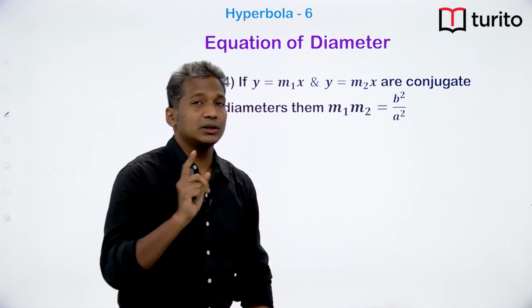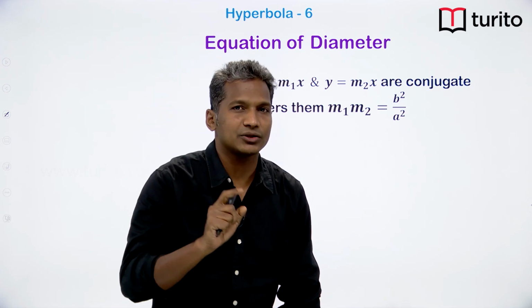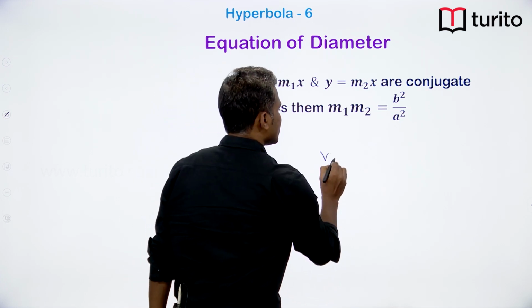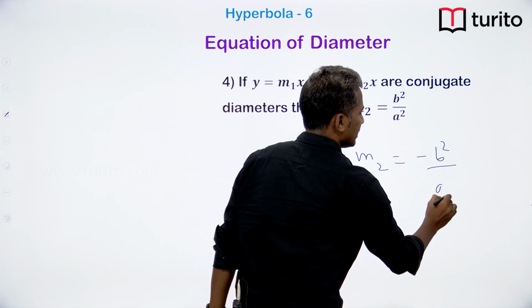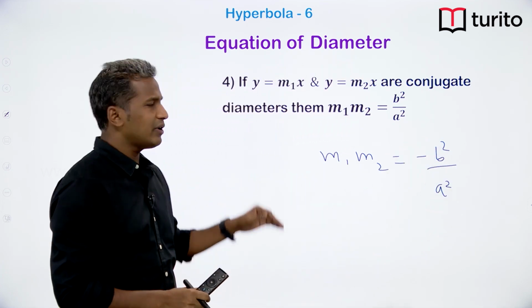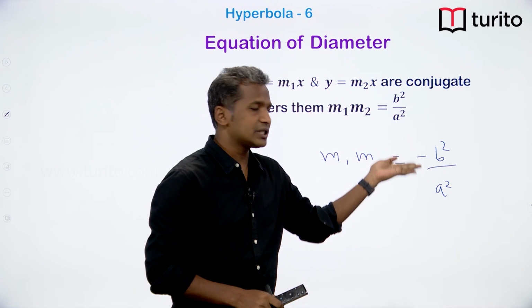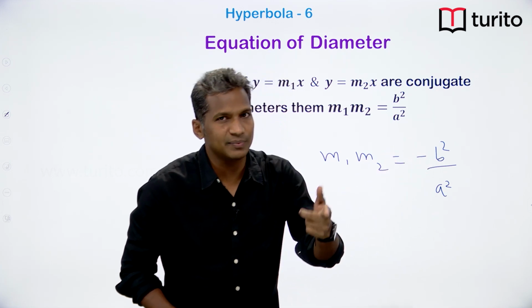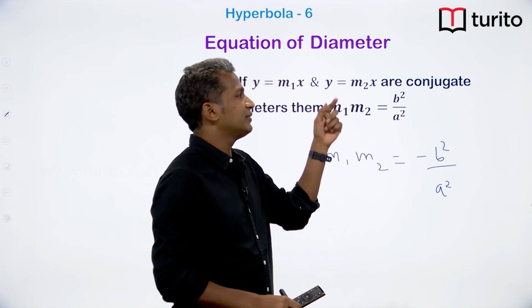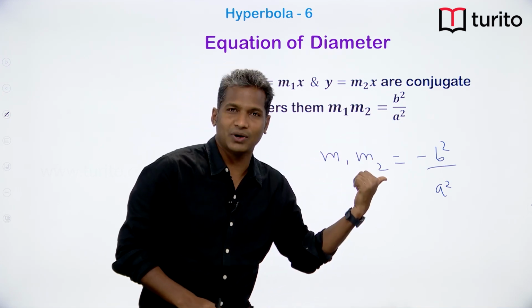If you recall the condition of conjugate diameters of an ellipse, it was m1 m2 = -b²/a². So here you can straight away understand that in the ellipse, if I put minus b² in place of b², I get the condition for conjugate diameters of the hyperbola.